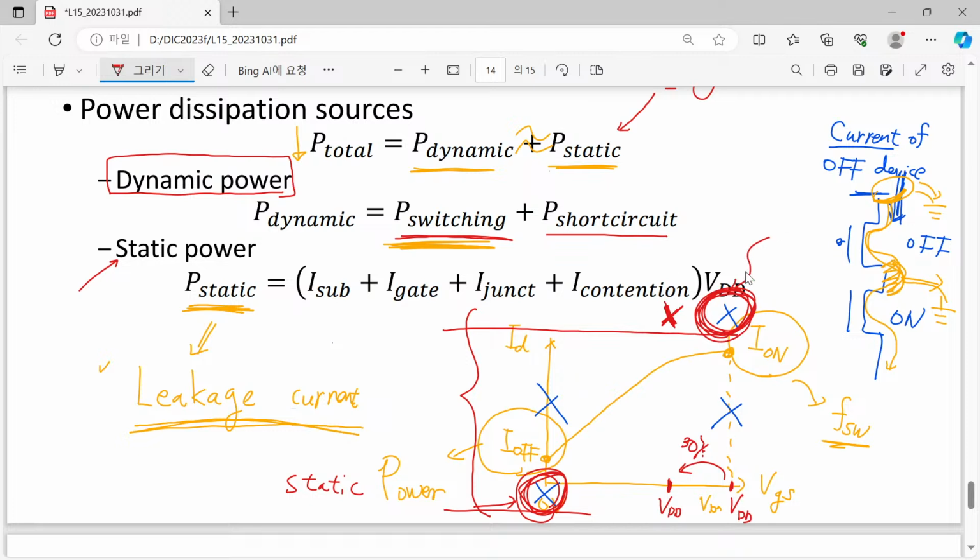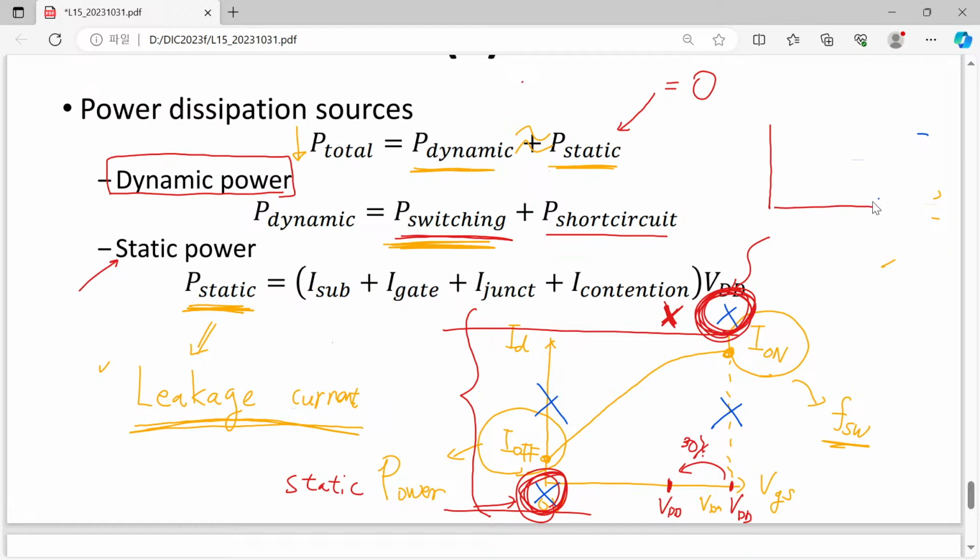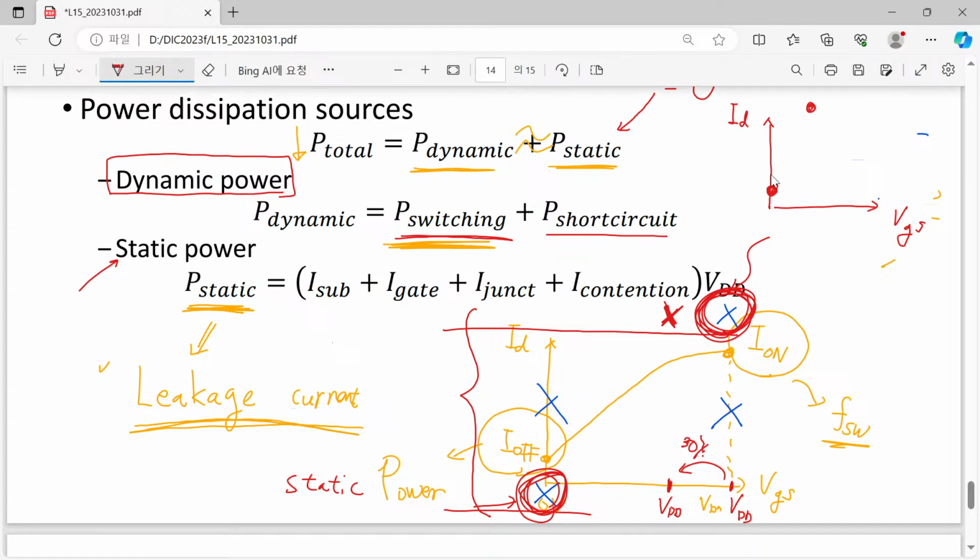So simply speaking, let me draw our dream. The dream is like this. If we have a certain technology which can provide us this way, VGS and ID, this one and this one compared with this one and that one.